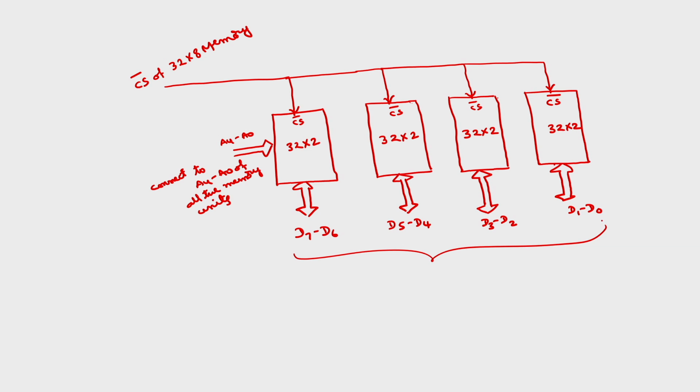Overall this will be an 8-bit data bus, D7 to D0. This is how we can expand the data lines.